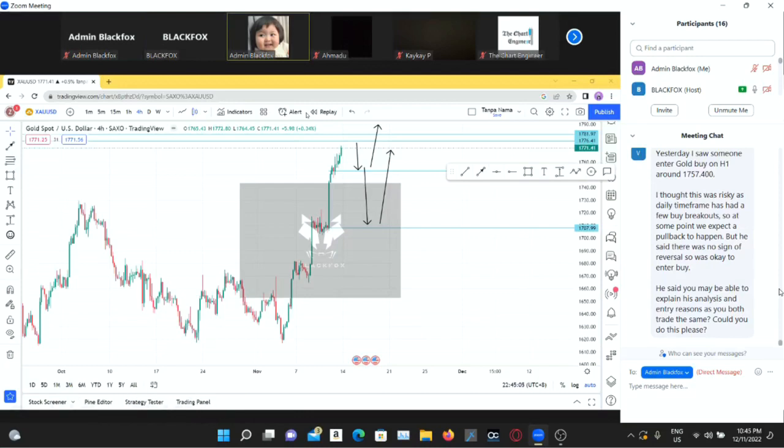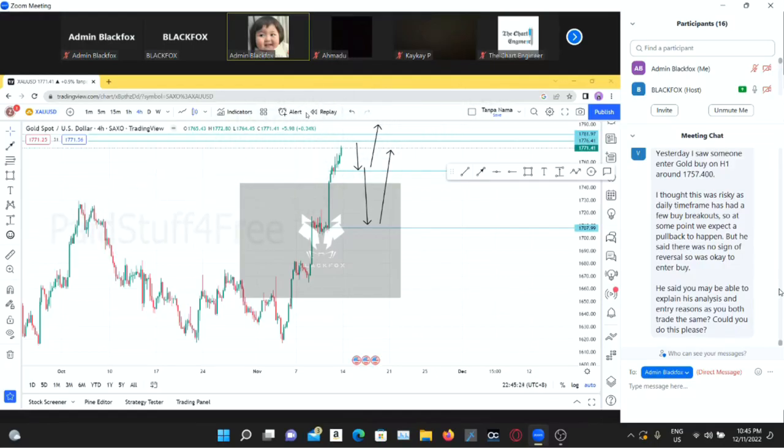Let me see the chat. I thought this was risky as the time frame had a few buy breakouts. So at some point we expect a pullback to happen, but he said there is no sign of reversal, so it was okay to enter buy.